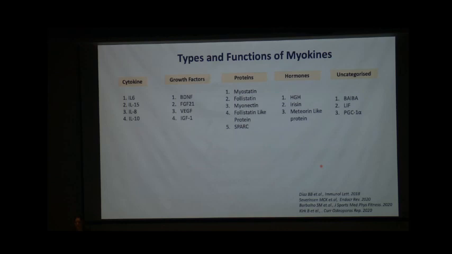Brain-derived neurotrophic factor, fibroblast growth factor 21, vascular endothelial growth factor, and insulin-like growth factor all come under the growth factor category. Myostatin, we will talk about a lot. Follistatin is released from the liver, goes to the muscle, and crosstalks with muscle protein degradation. Irisin is also one of the main hormones categorized as myokines, and we will talk about their status in liver cirrhosis and sarcopenic conditions.